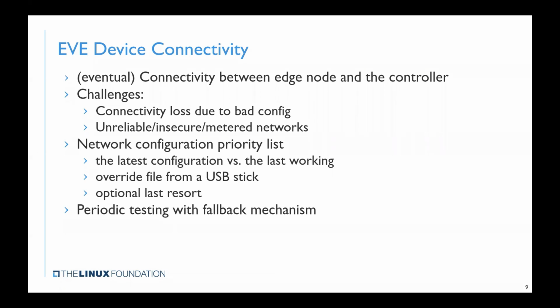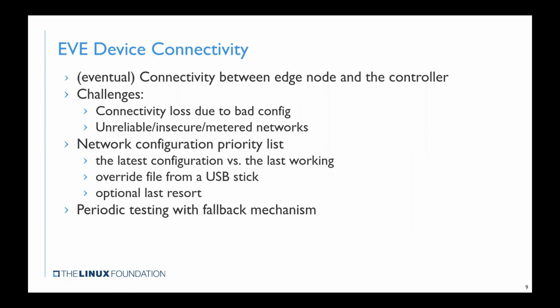If you submit a configuration which is incorrect, for example if you select by mistake a network adapter as a management port, one that is not actually providing connectivity to the controller, then normally the device would lose connectivity with the controller. But there is a mechanism. EOS manages a list of network configurations, which is prioritized.